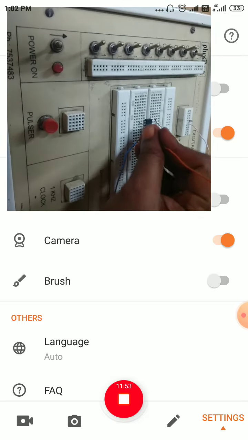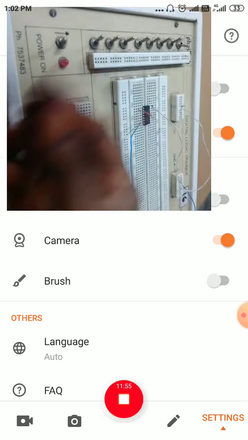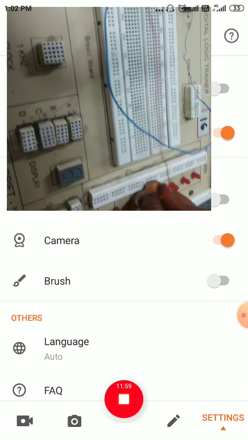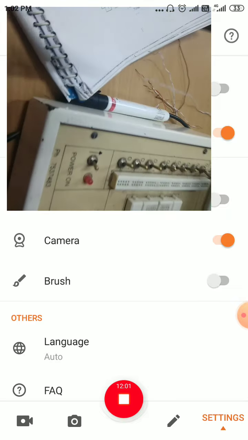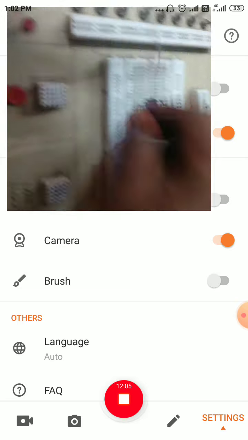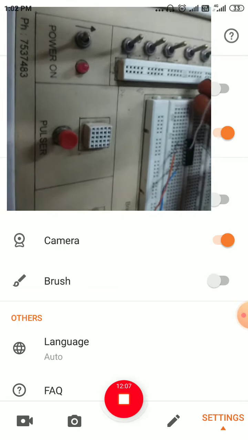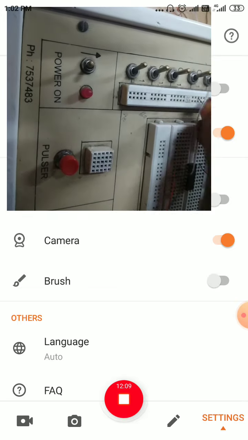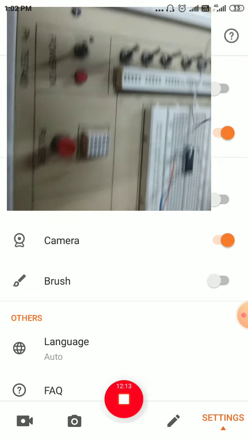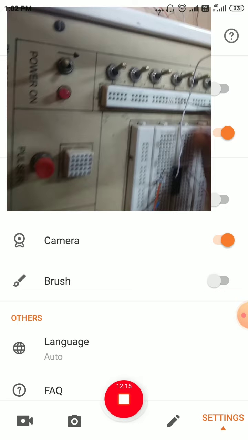The first pin we keep as the output, and the second and third pins we give as inputs.